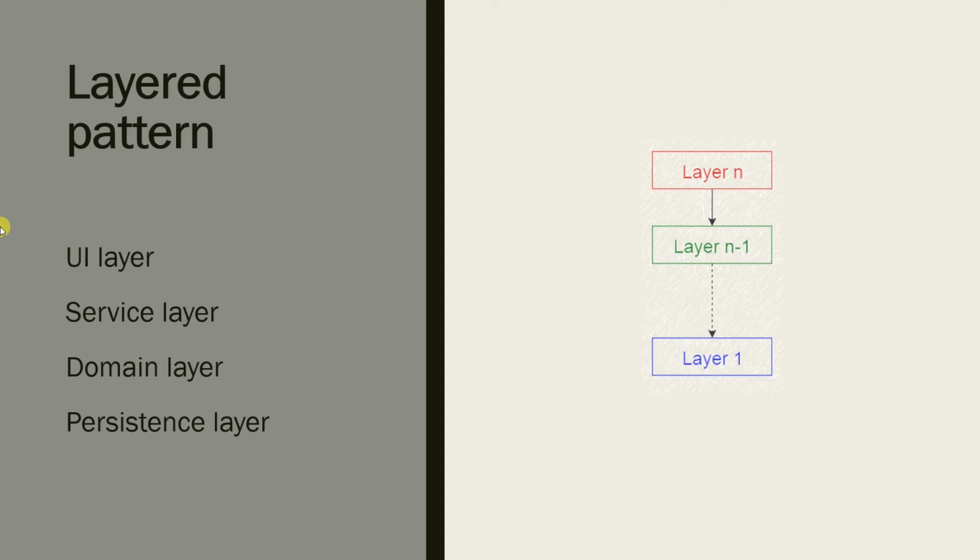The most commonly found 4 layers of a general information system are as follows: the user interface layer or presentation layer, the application layer, also known as service layer, the domain layer or business logic layer, and the last one is the data access layer, also known as persistence layer.